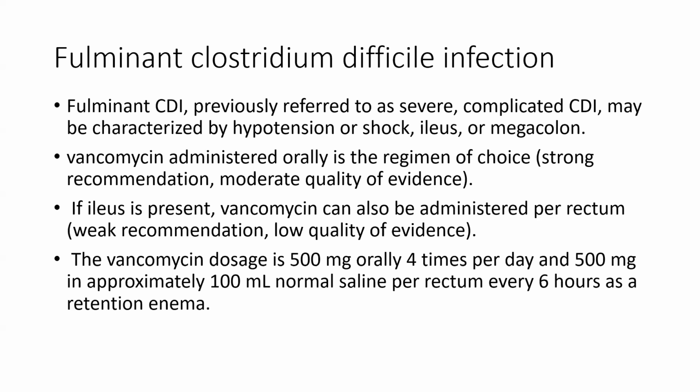So in this case, where the infection is fulminant, vancomycin should be used in the dose of 500 mg 4 times per day. Or in case of ileus, we can administer it per rectally, that is 500 mg in approximately 100 ml of normal saline per rectum every 6 hours as a retention.